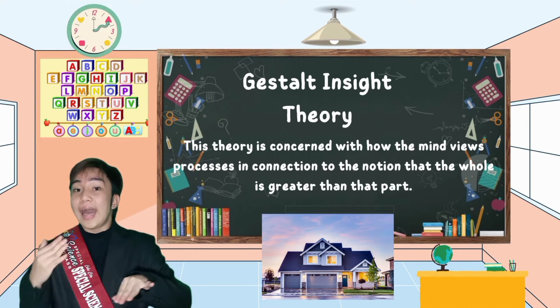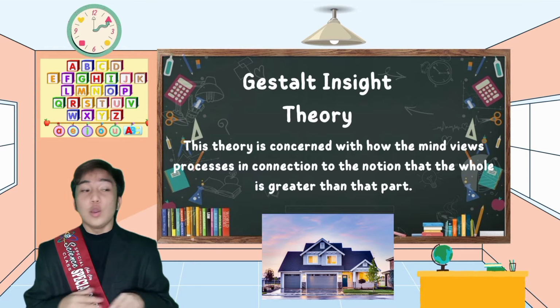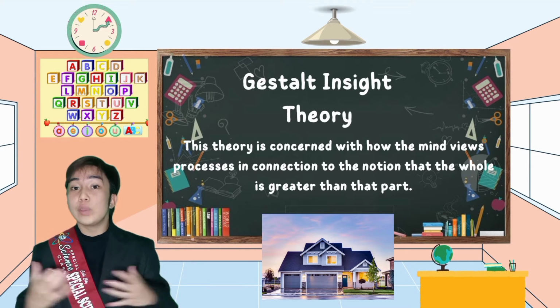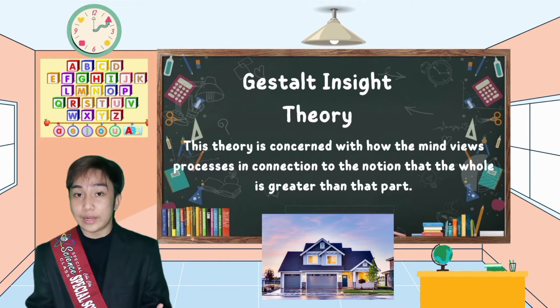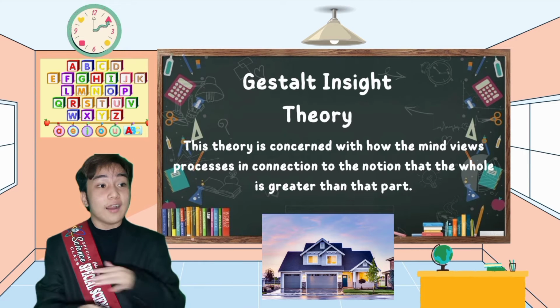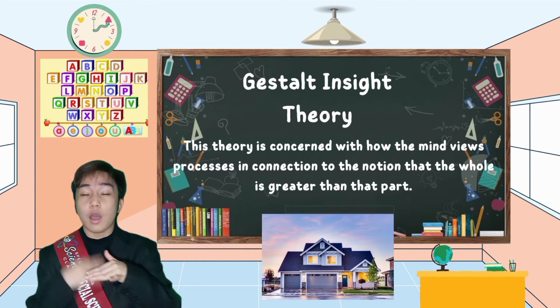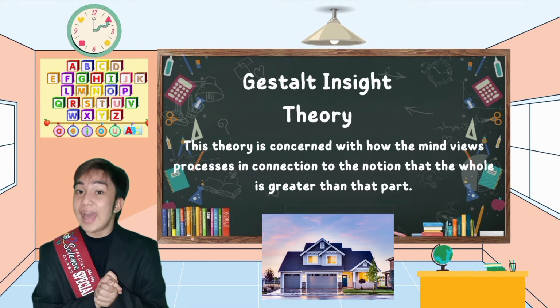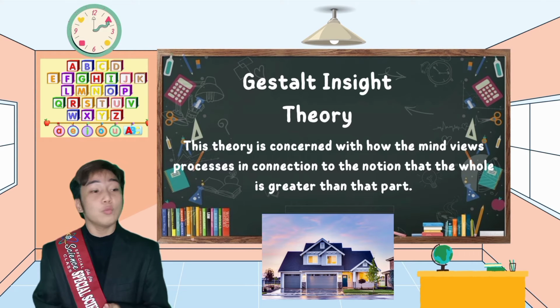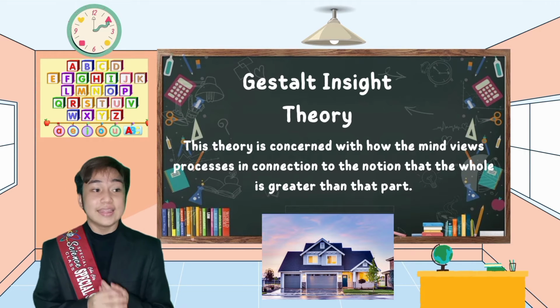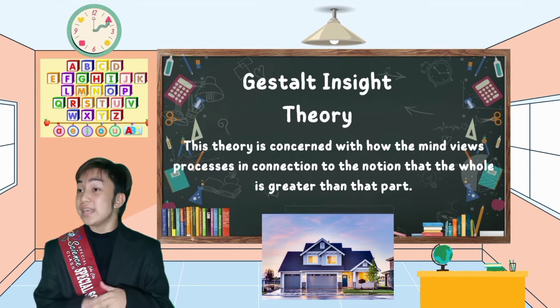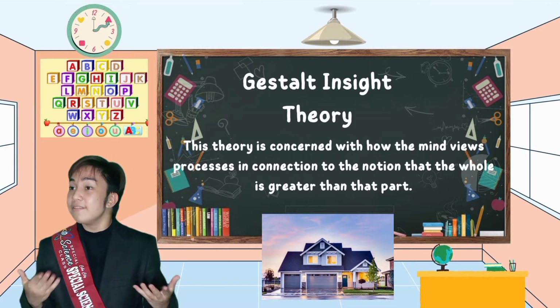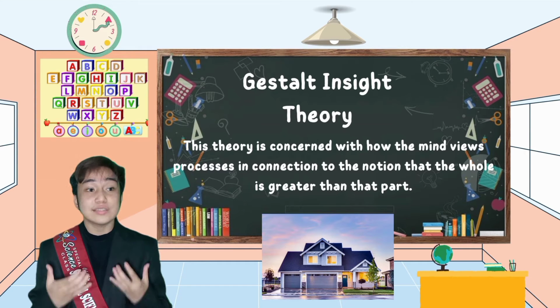But when you look at the entire house, we are not conscious of the parts, but we are aware of the overall object, which is the house. So parts are of secondary importance even though they can be clearly seen.